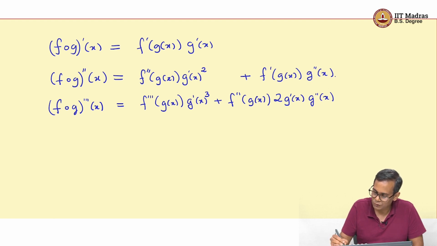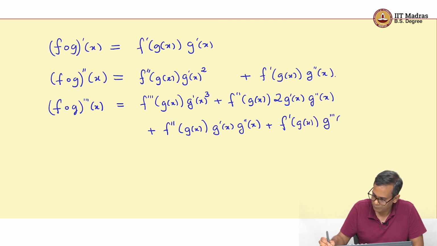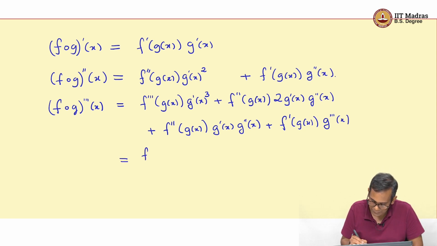And now let us go to the second term in the sum. We differentiate again the first factor and then the second factor. If I differentiate the first factor, I get f double prime of g of x times g prime of x, with the second factor g double prime of x, plus, and now we must differentiate the second factor. What we get is f prime of g of x times g triple prime of x. Let me just collect the terms here, and you see that this situation is slightly more complicated.